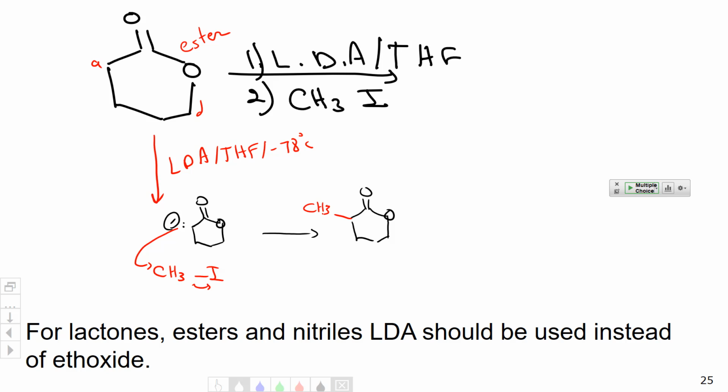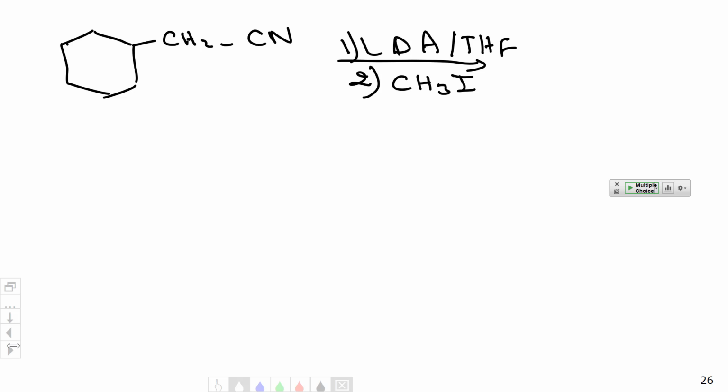Now the same case is for a nitrile. If I have an RC triple bond N, let's see an example of that. Let's say I have this nitrile here and I add LDA, THF, minus 78 Celsius. Now the alpha carbon in this case is this.